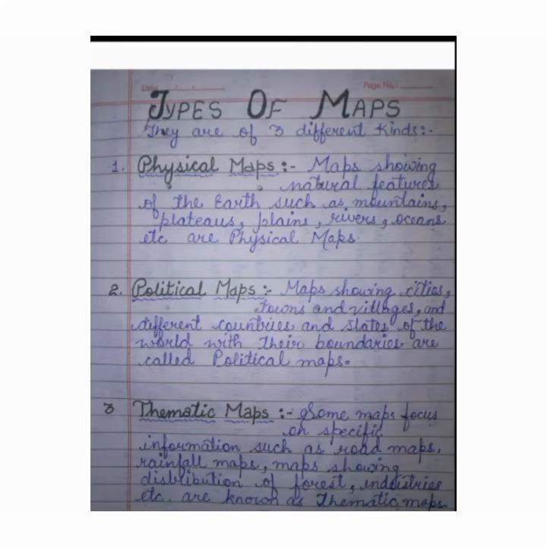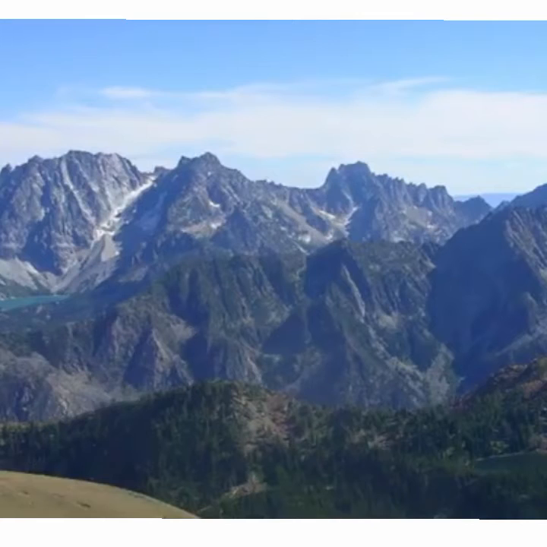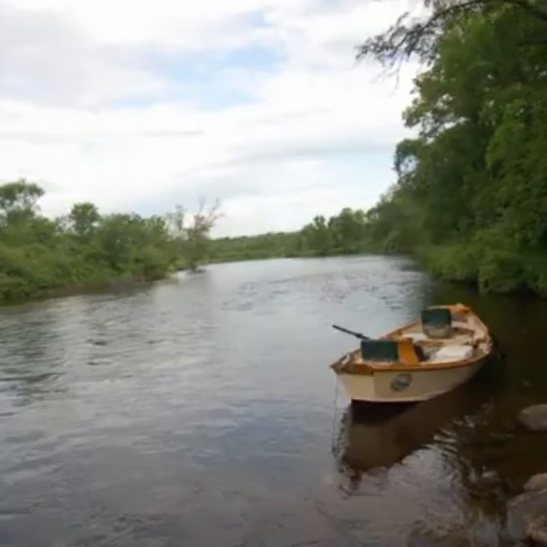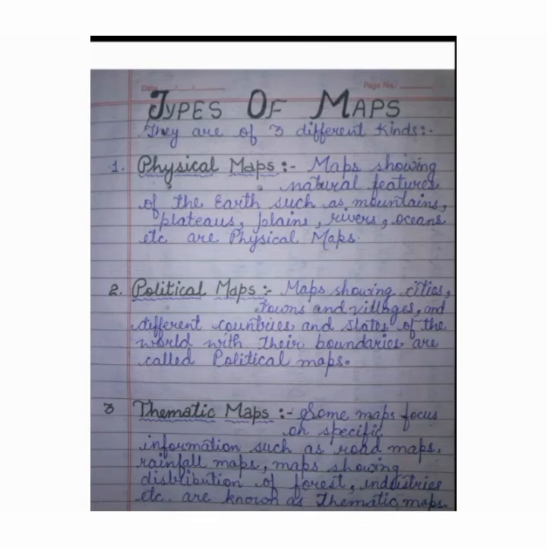Physical maps are those which try to reveal the physical aspects on the paper. For example, various landforms like mountains, valleys, plains, rivers, plateaus and oceans. As you can see, the water bodies are shown in blue color, the mountains are shown in brown color, plains are shown by green color.